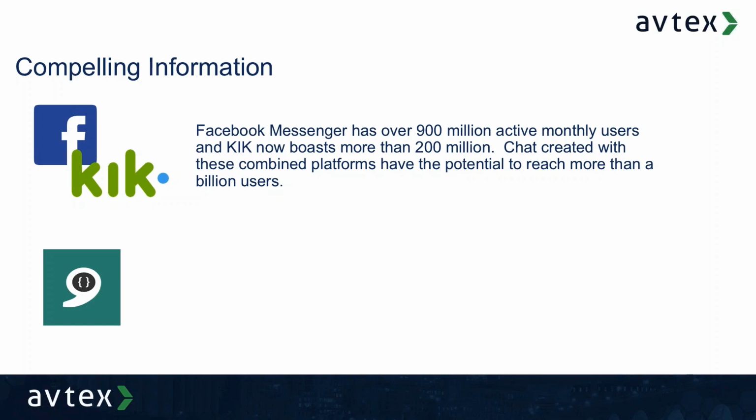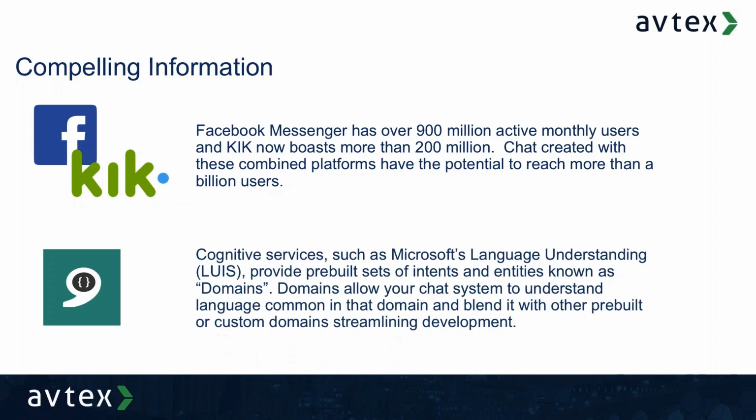We also have some other things available to us in the form of cognitive services. There are several different providers. Microsoft is a good example with their Lewis platform. That's Microsoft Language Understanding Platform. What it does is it basically creates domains, and you can use this domain knowledge to hook up to your chatbot platform so that your chatbot has built-in domain knowledge in a particular area.